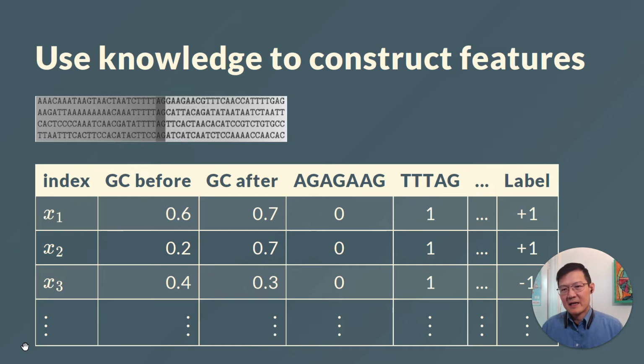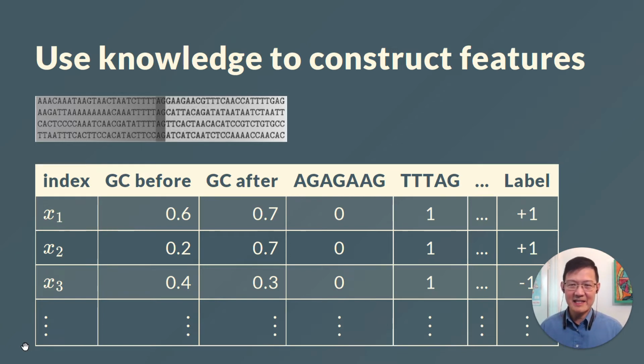Okay, now, collecting all those little pieces of information, we can try and manually construct these kinds of data. So, for example, here each row is a particular sequence. Row number 1, with example 1, you look at the GC content before the AG letter.